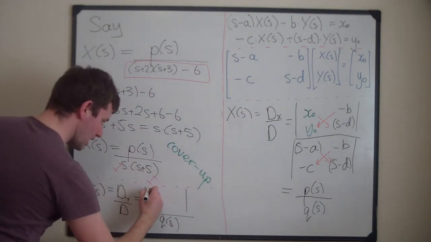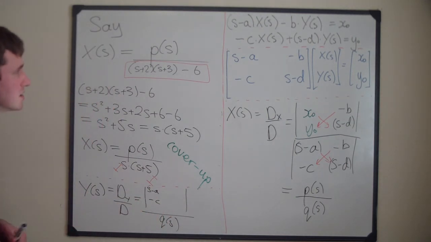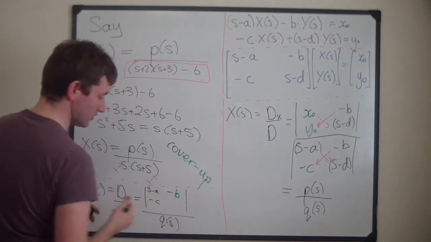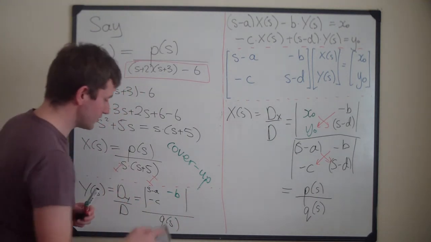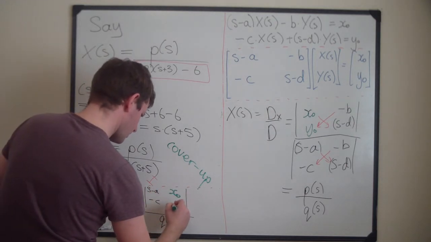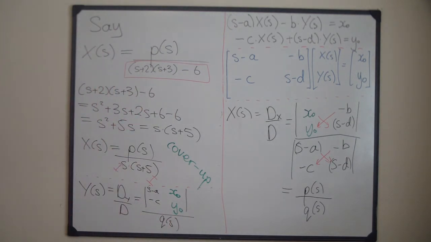So you get like s minus a, minus c, and then replace the constants, minus b, sorry, that's wrong. So replace them with x0 and y0. Okay, so that's the general theory.